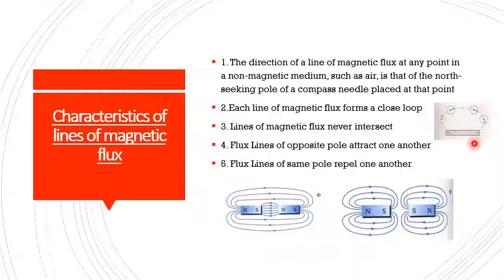Each line of magnetic flux forms a closed loop. Lines of magnetic flux never intersect. Flux lines of opposite poles attract one another, and flux lines of the same pole repel one another.